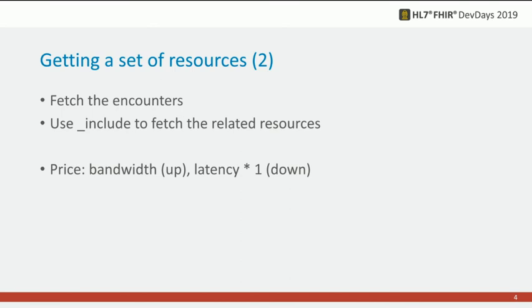Then you'll get a big fat bundle that includes all of the lookups you need to display the list. The price is that bandwidth goes up, but you only have one piece of latency for each page of results. So your latency goes down, and you don't have to manage any cache because you're just getting them on the fly. But your bandwidth has actually gone up, so you didn't really save that much by using include.